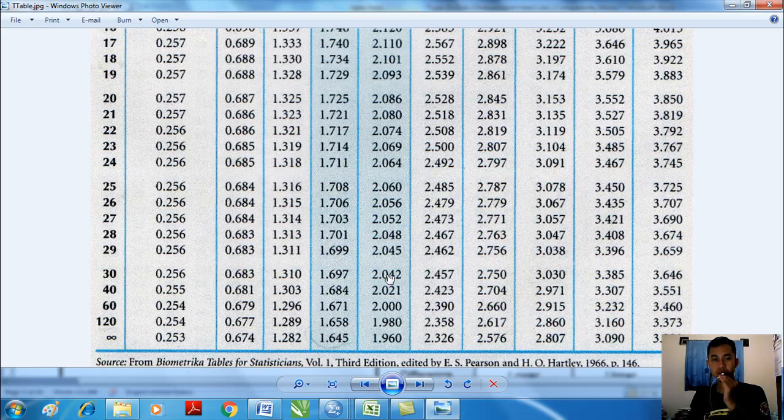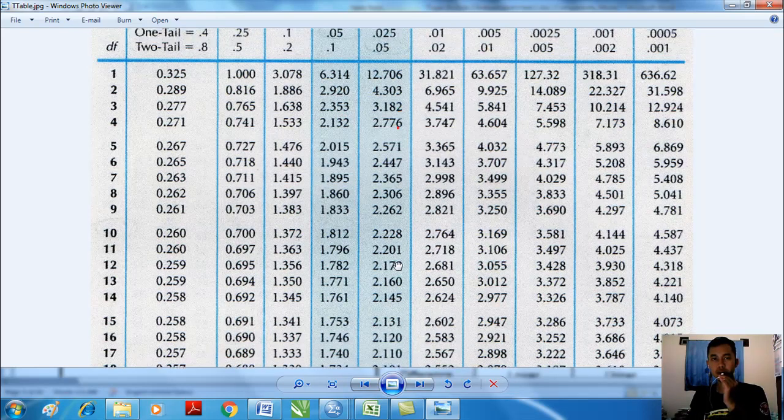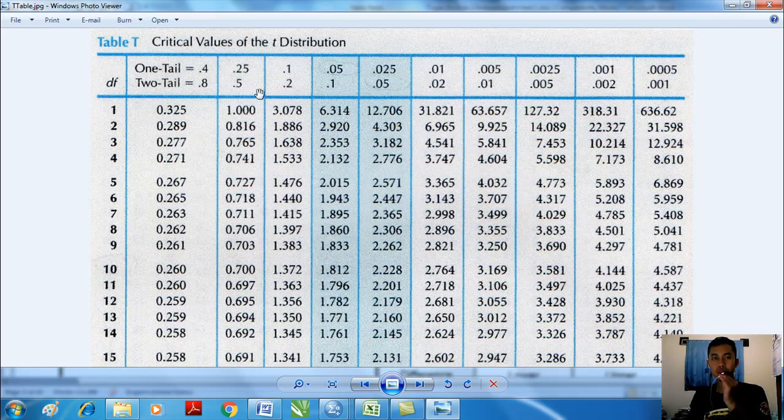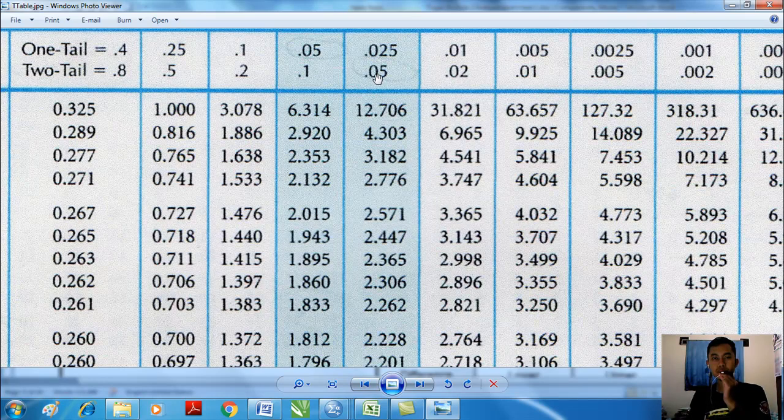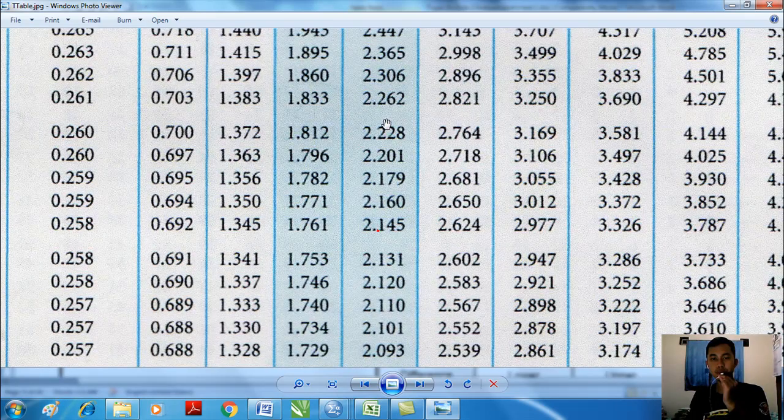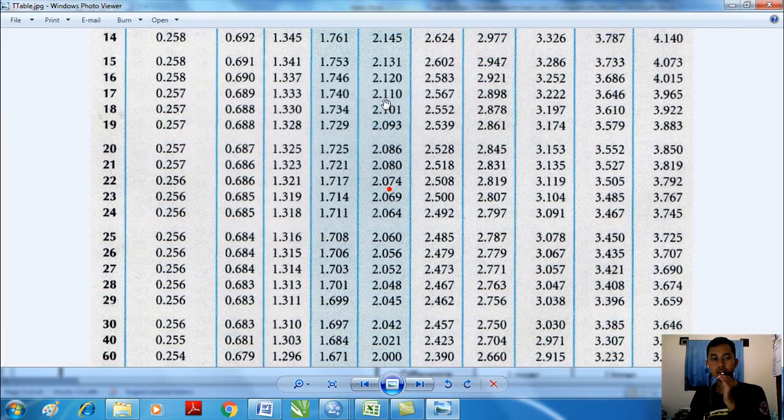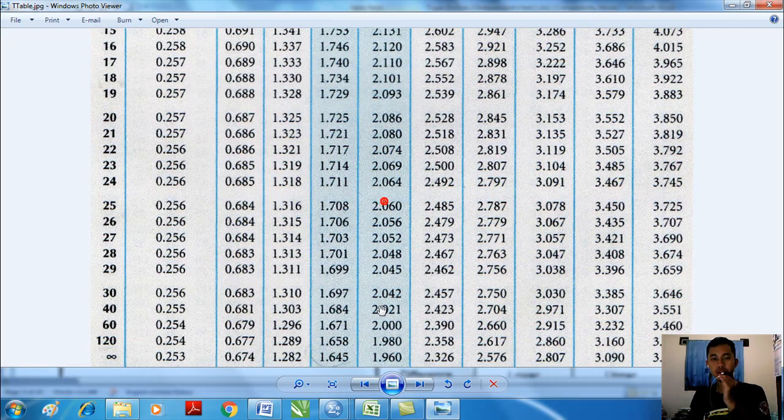Or you can use an online calculator. Using the two-tail alpha 0.05 with degree of freedom 38, we got 2.042.